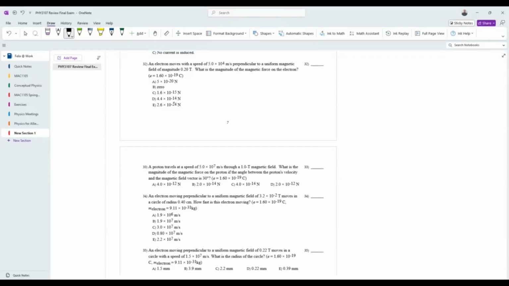So remember, and of course you will have your notes open, the formula for an electron moving in a uniform magnetic field: the force equals the charge of the electron times the speed of the electron times the intensity of the field times the sine of theta.